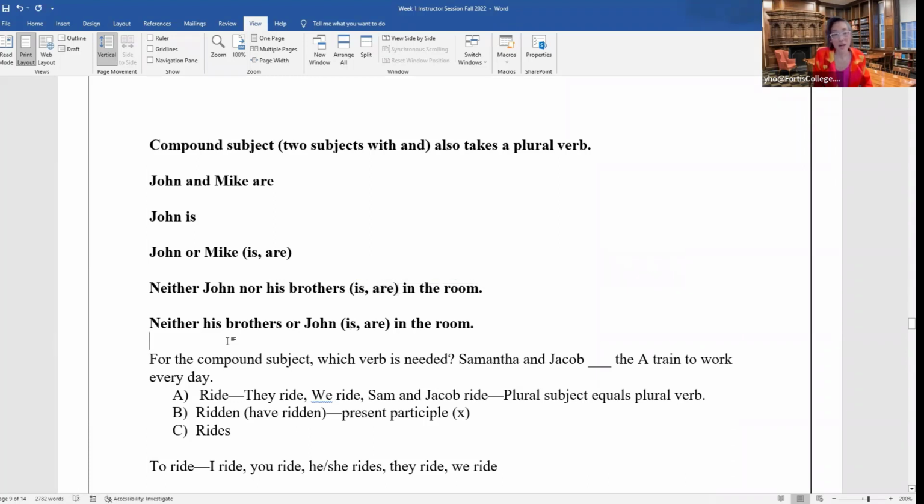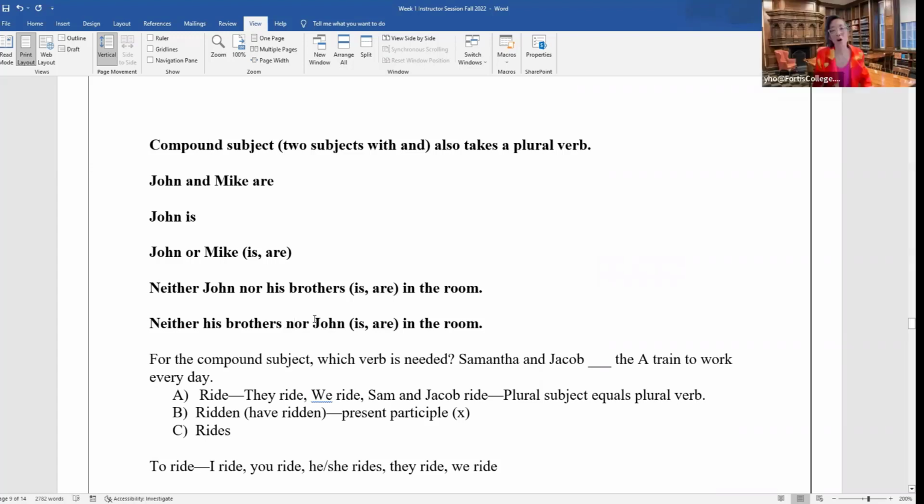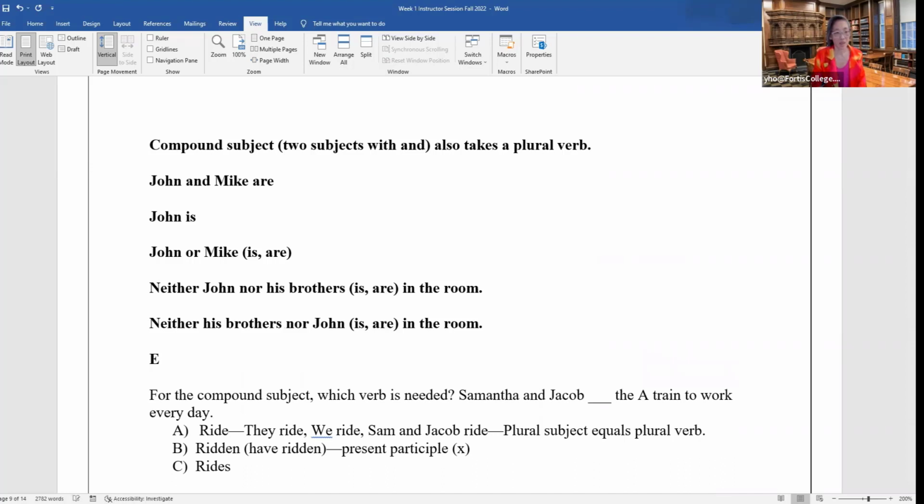Now, if I were to switch it around, neither his brothers nor John, what is the subject of the sentence? John. Yes. So therefore, it's always the second one. This also works for either Pamela or her sisters are in the room. Either/or works the same way.